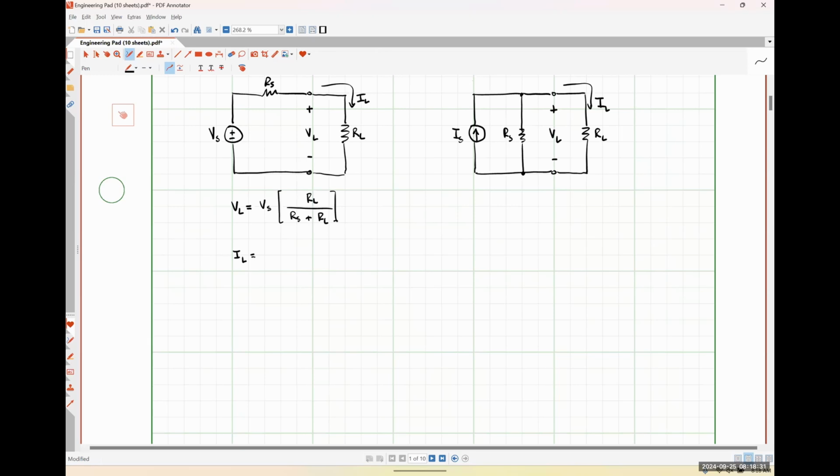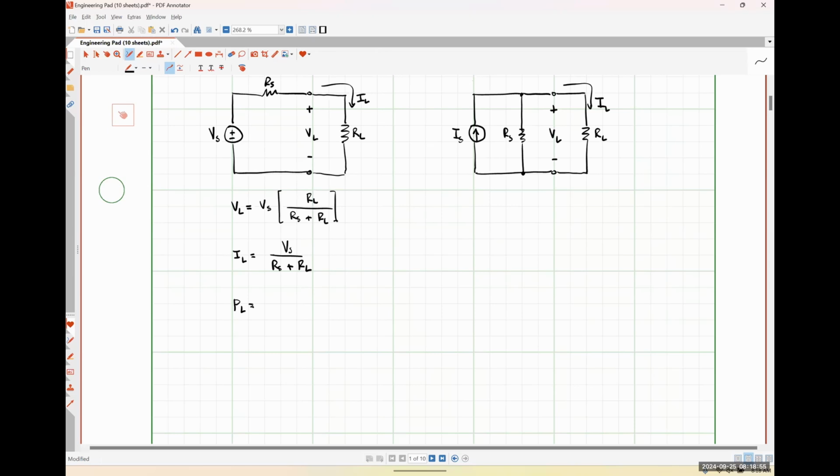So I think it's just Ohm's law, right? Voltage divided by the two resistors in series. So Vs over Rs plus RL. And then from this, the power absorbed by our load resistance is just going to be the product of those two quantities.